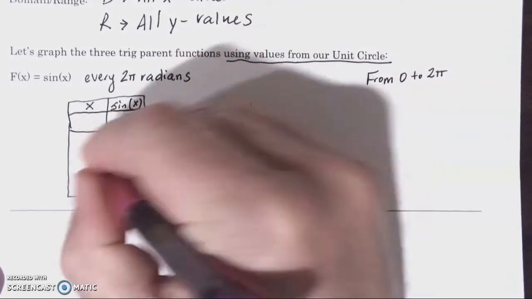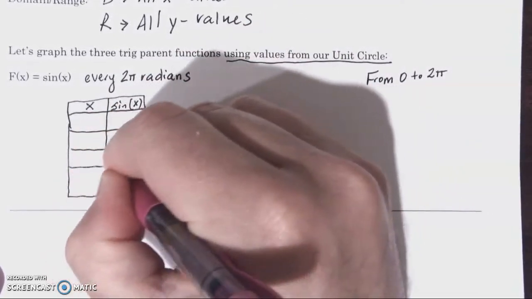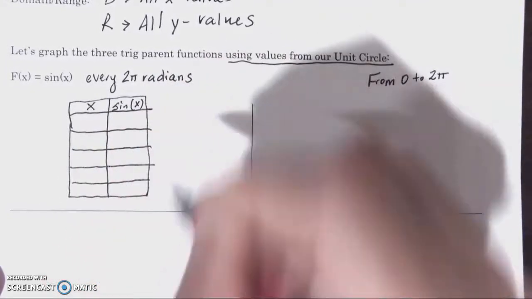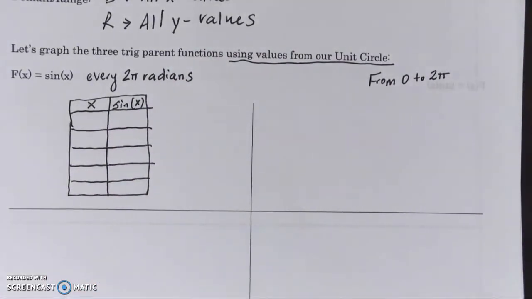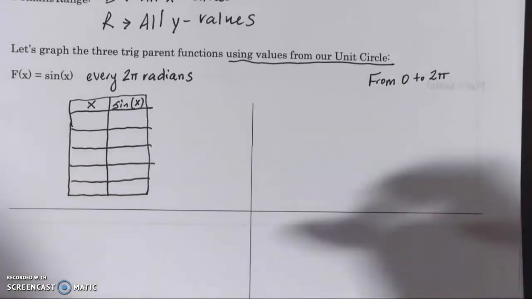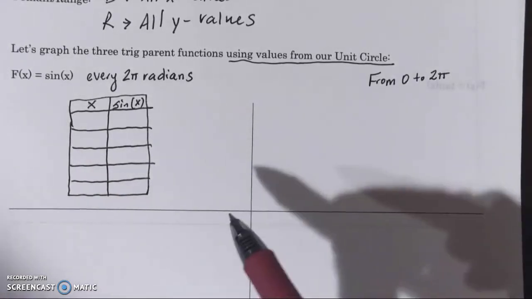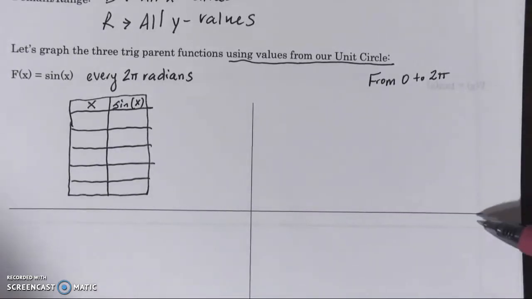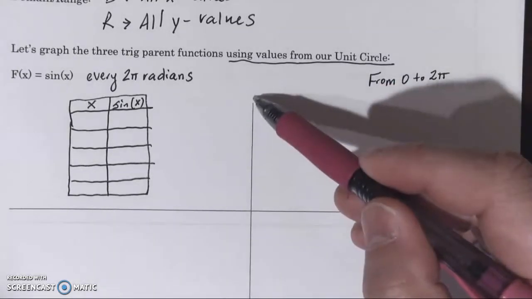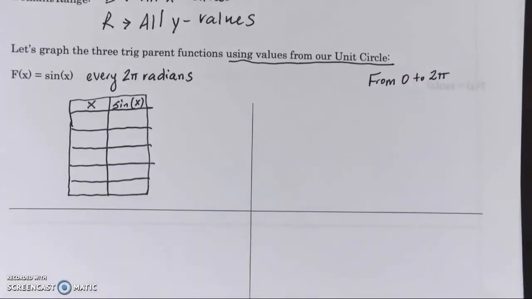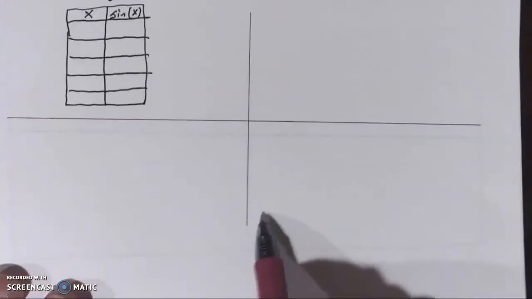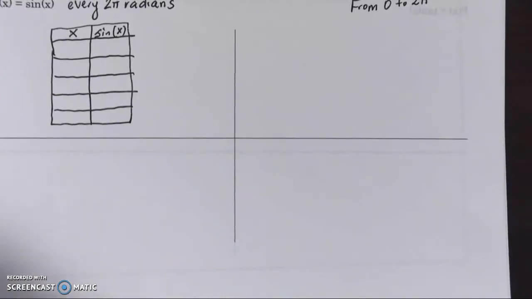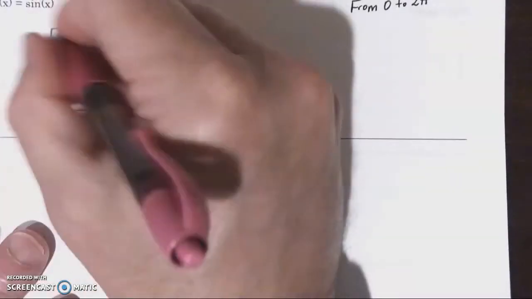And we're going to use 5 specific x values. And they're going to be all of our quadrantal angles. Okay, quadrantal angles, if we're thinking of this coordinate plane as a unit circle, which eventually it's just going to turn into an xy plane. At 0, at pi over 2, at pi, at 3 pi over 2, and at 2 pi, we want to know the values of sine of x.